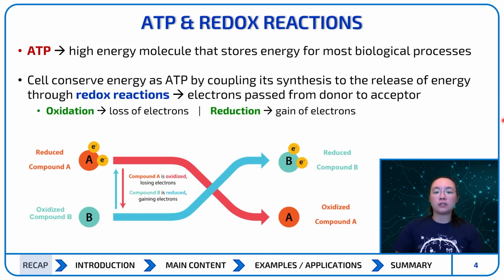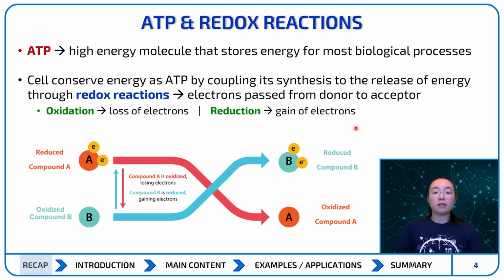The oxidation of a molecule refers to the loss of electrons, whereas the reduction of a molecule refers to the gain of electrons. If you've taken some chemistry courses, you'll know that the very common way to remember this is OIL RIG, where oxidation is loss and reduction is gain.